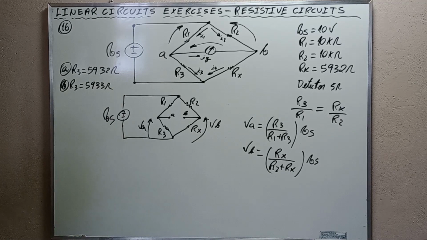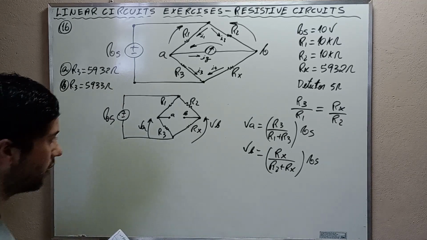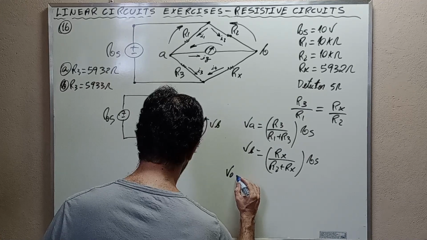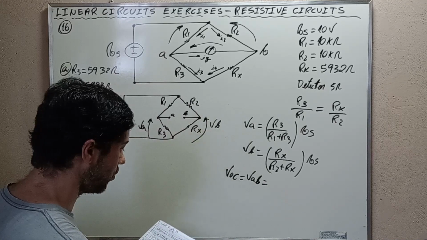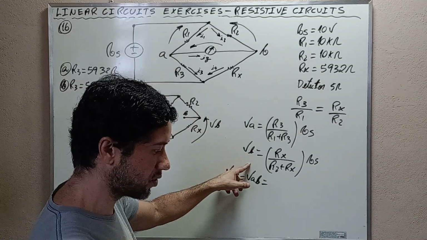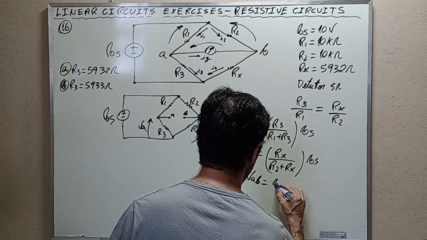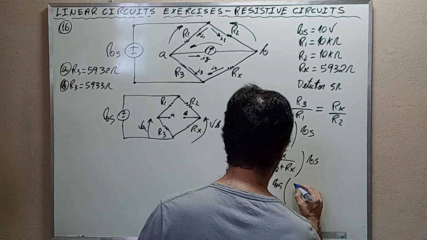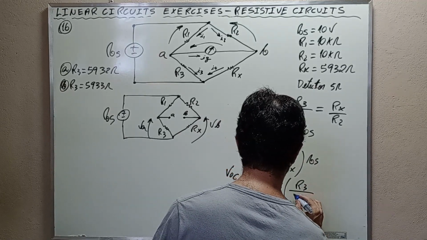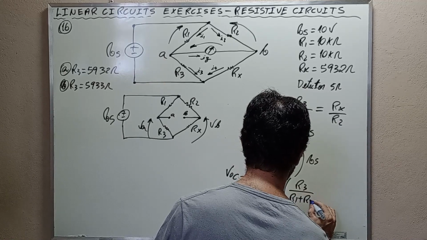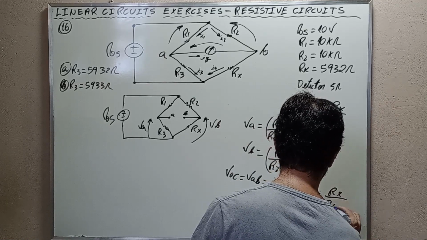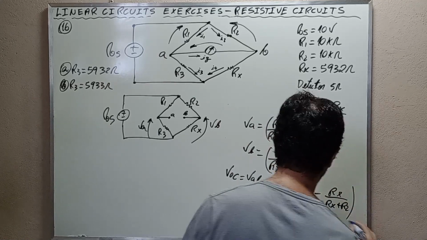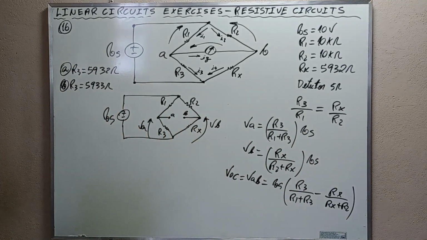And then the open circuit voltage VOC is going to be equal to VAB, which is equal to this minus this, which is Vs times R3 over R1 plus R3 minus Rx over Rx plus R2. So this is the open circuit voltage.